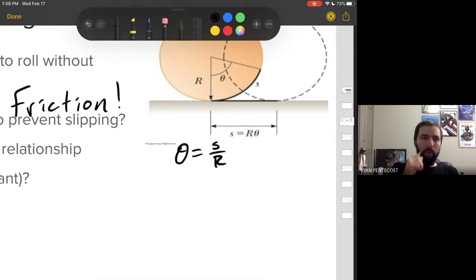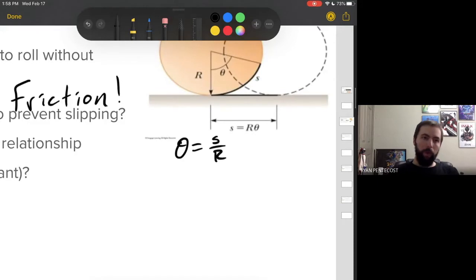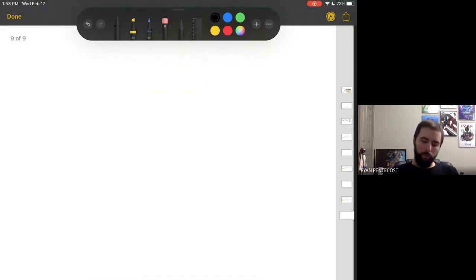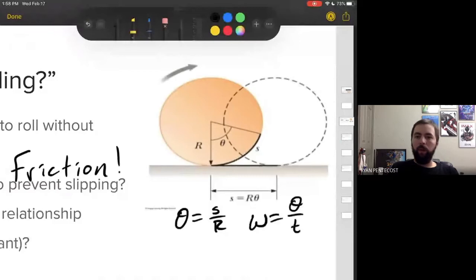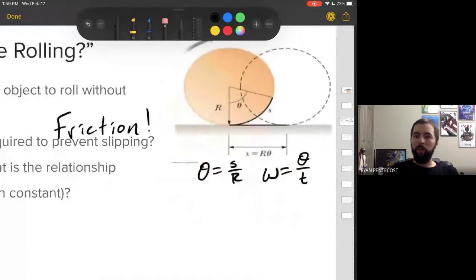Now, omega is theta divided by time. That's just a fundamental rotational mechanics rule: the change in angle divided by time is your angular speed. We also know that velocity is s divided by t, however much of an arc length has moved in that turn divided by time.